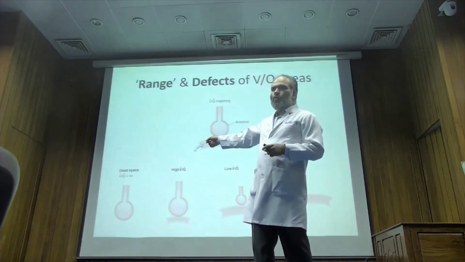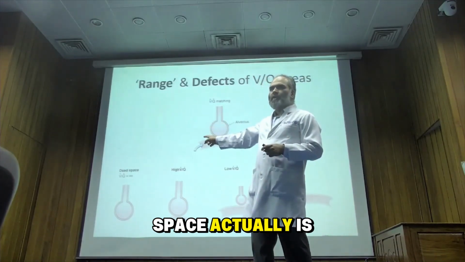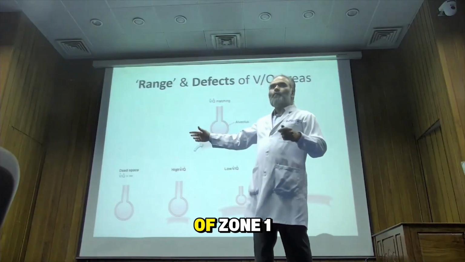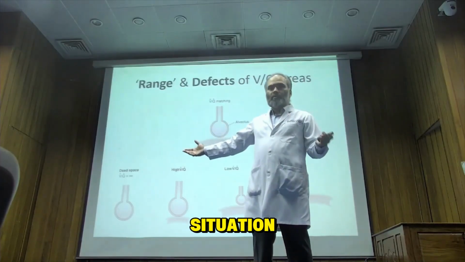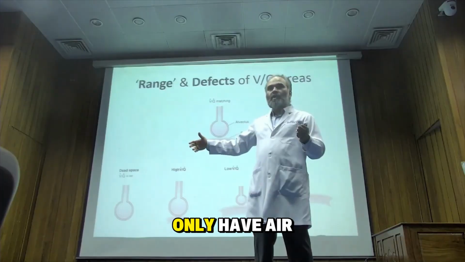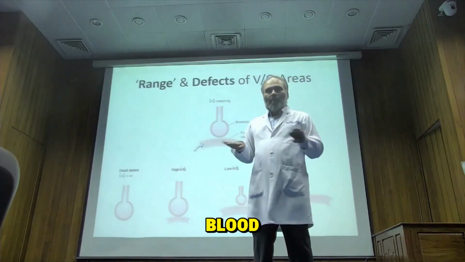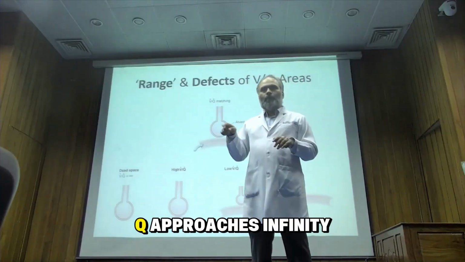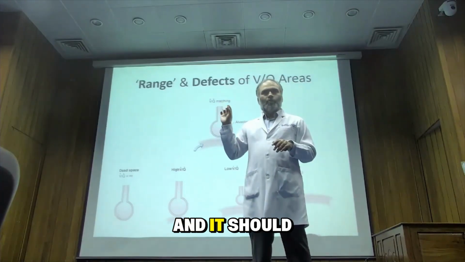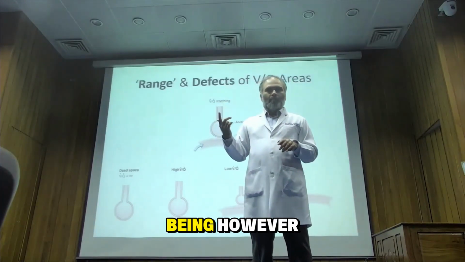Now you know what physiological dead space actually is. It's an area of zone 1 situation where you only have air, you have no blood. Hence V over Q approaches infinity, and it should not happen in a normal human being.